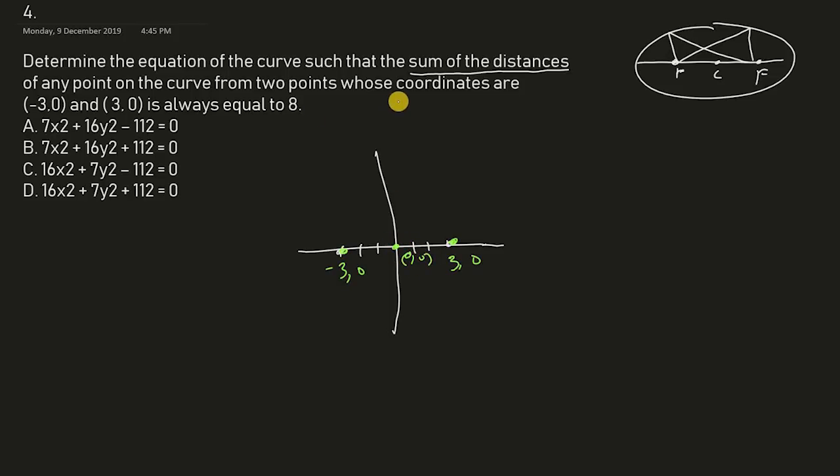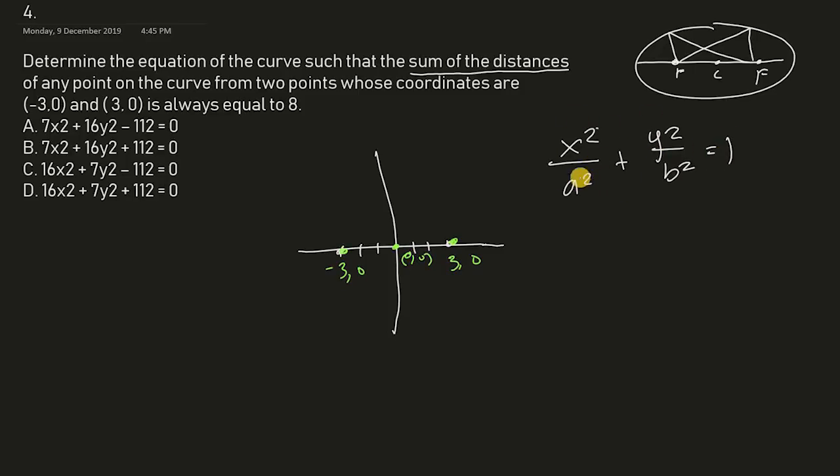Now, what is the equation of our ellipse? I can therefore conclude from this alone that the equation would be x squared over a squared plus y squared over b squared is equal to 1. How did I derive this equation?